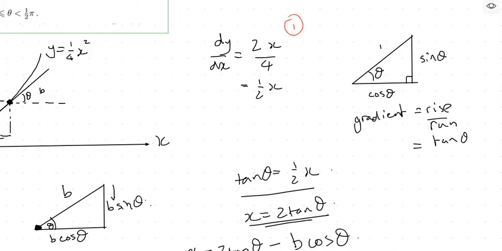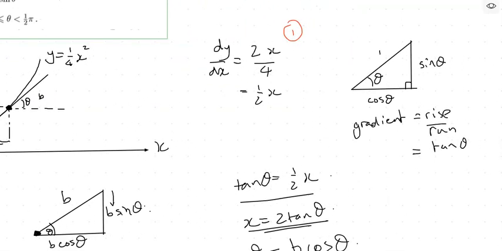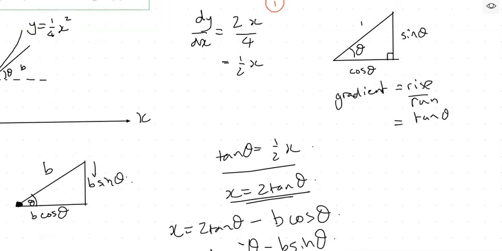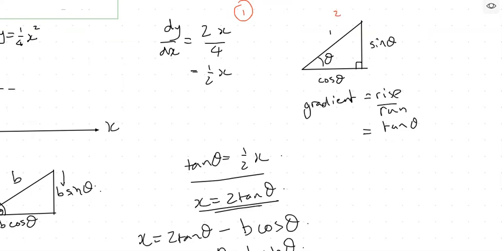I then thought that the theta value in the answer must have something to do with the angle of the tangent, because otherwise why call it theta? And then I realized that if that's theta, the gradient would be tan theta. So that was step 2, to figure out that the gradient is tan theta.